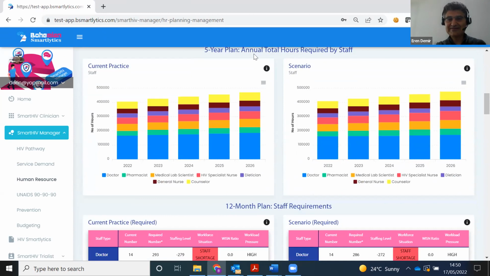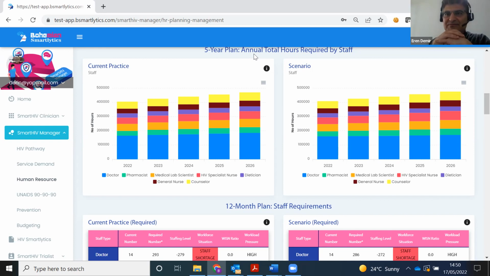In the 5-year plan, for example, we find that HIV management, especially in public facilities, has been shifted to nurses rather than doctors. So is there a way we can shift those hours from the doctor to the nurse? Yes. What will happen, Simba, is when we deploy this solution, we will update all the SmartHIV input parameters.